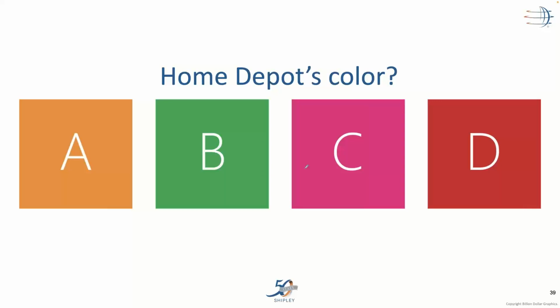Definitely A. Anybody else say anything in chat? Got one D and the rest are A's. Got it. Alrighty. So it is A, and that's because we're exposed to the brand very, very often. The more we're exposed to the brand, the more we recognize it, the more we trust the brand.